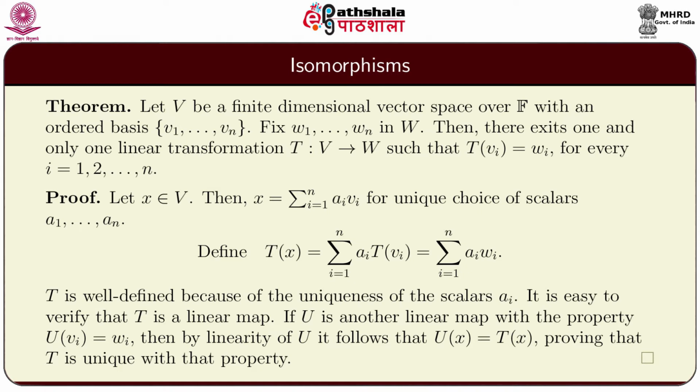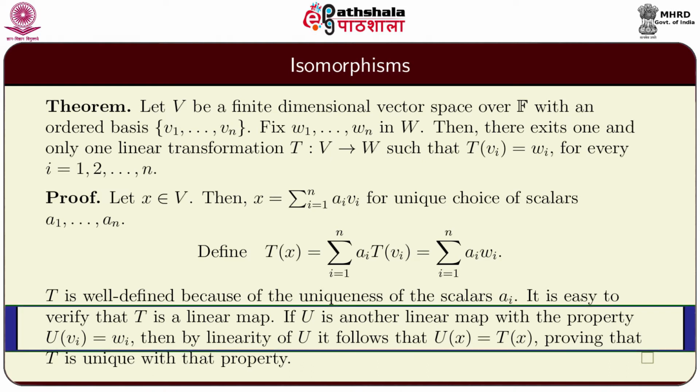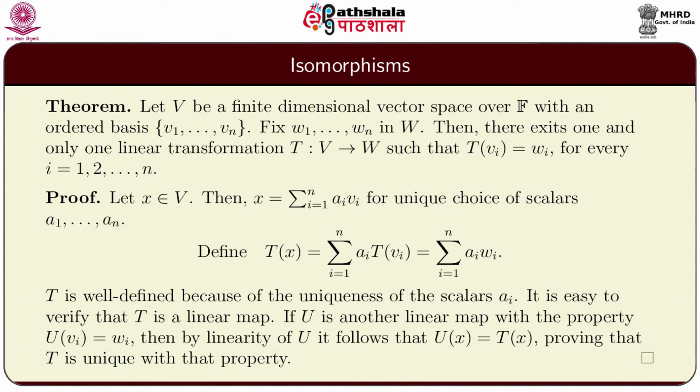That means that x can be written as a linear combination of Vi's in only one way, and therefore this definition is well defined, and it is very easy to check that T is a linear map, that is T is additive and homogeneous. So, we do have a linear map T from V to W such that T of Vi is equal to Wi.